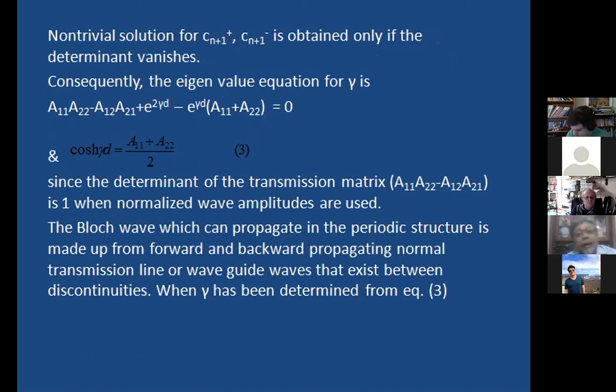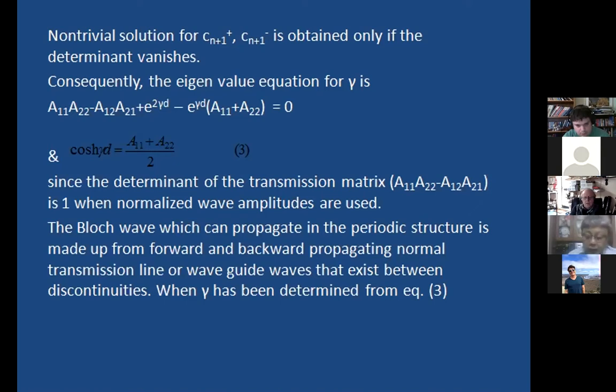Since the determinant of the transmission matrix is 1 when normalized wave amplitudes are used, the Bloch wave which can propagate in the periodic structure is made up from forward and backward propagating normal transmission line or waveguide waves that exist between discontinuities, where gamma is the determinant from equation 3.